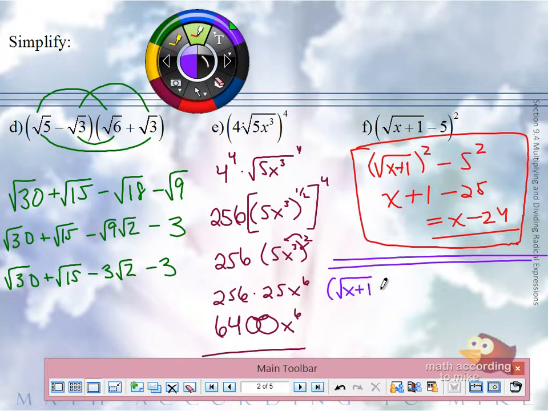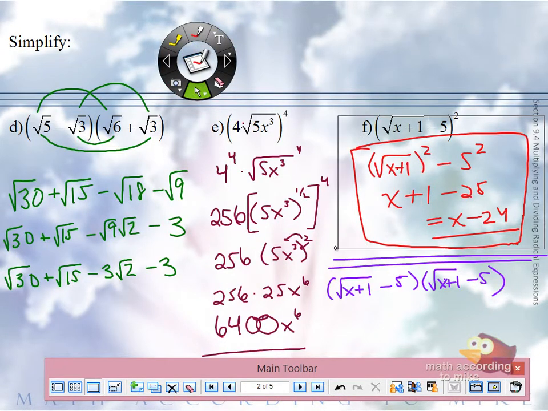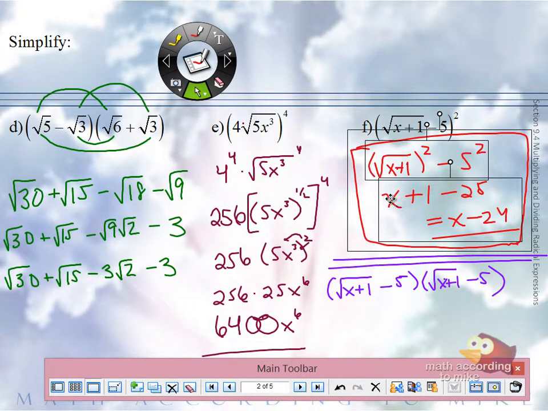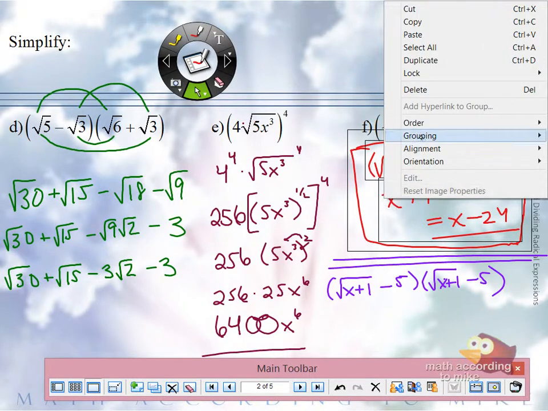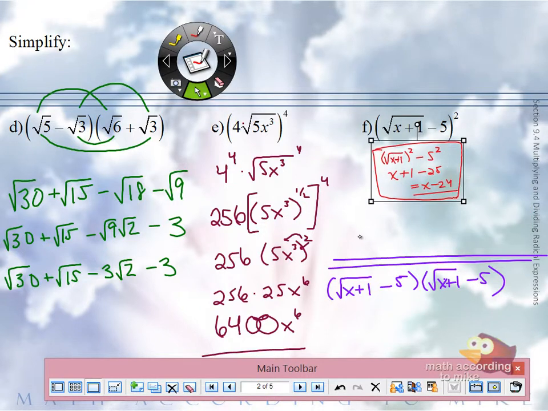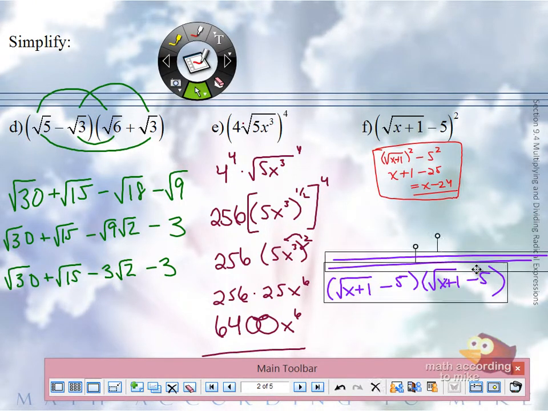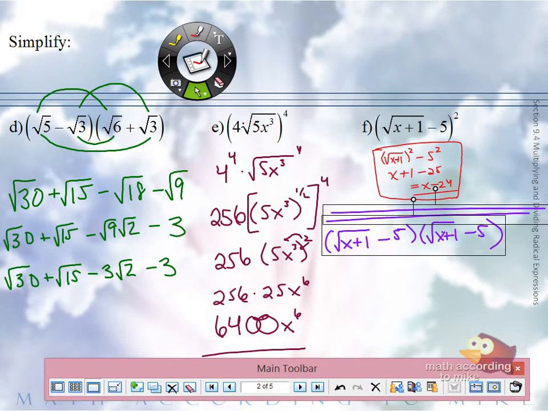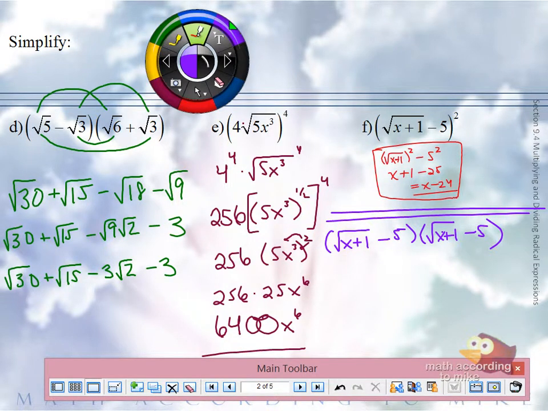Now you can't use the calculator. So, actually, let me make that smaller because we don't want that anymore. All right, FOIL. What does first give you?